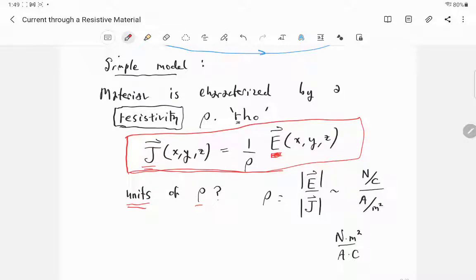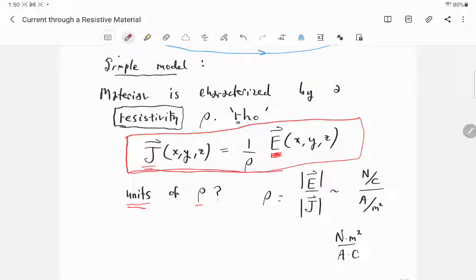It's not simple. So in order to solve for rho, what I'm going to do is take the magnitude of both sides, right? If j vector equals 1 over rho e vector, then j magnitude equals 1 over rho e magnitude. And e magnitude and j magnitude, those are scalars, right? They're not vectors, and you can divide by a scalar, no problem at all. So that's what I did.